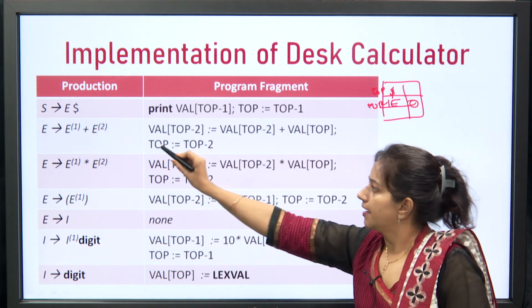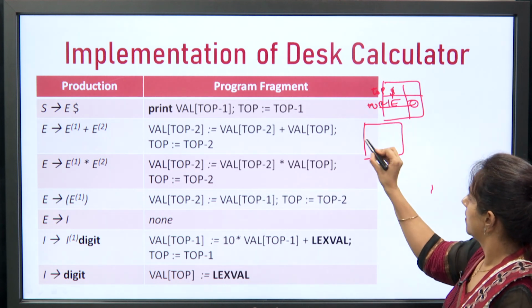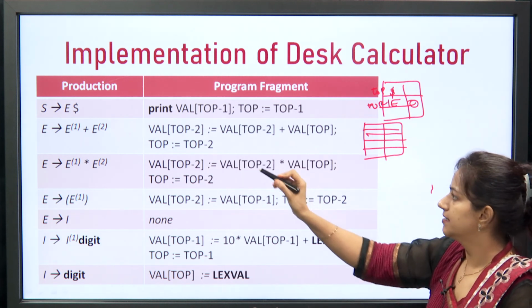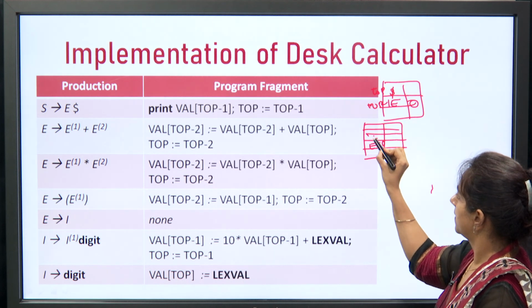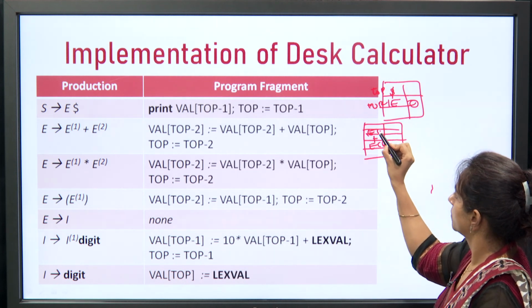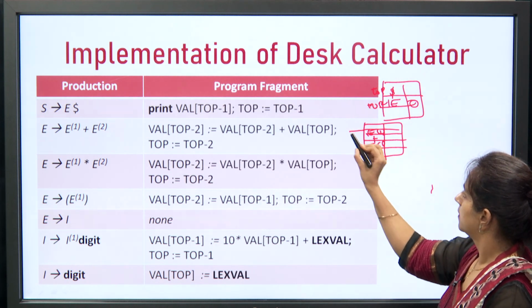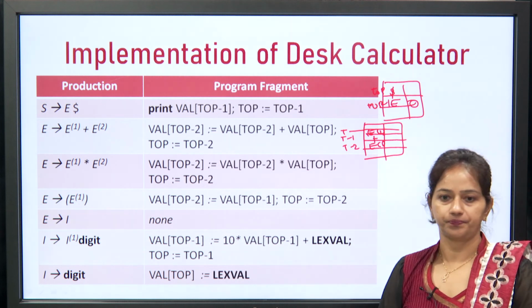Similarly, E to E plus E. So, here the stack values at a particular stage will be like this. Suppose E1 then plus and then E2, and here this is top minus 1 and this is top minus 2.